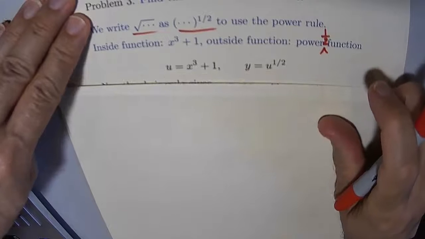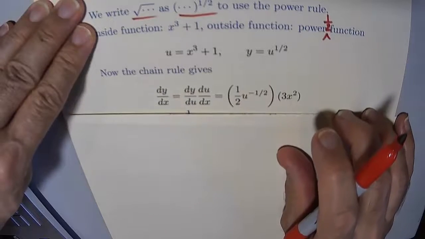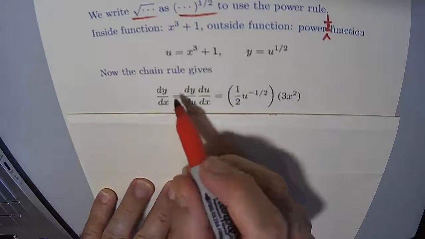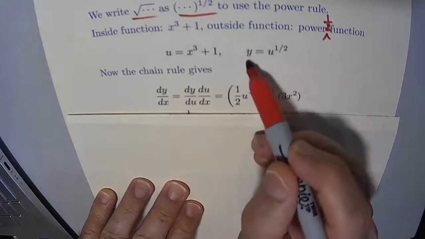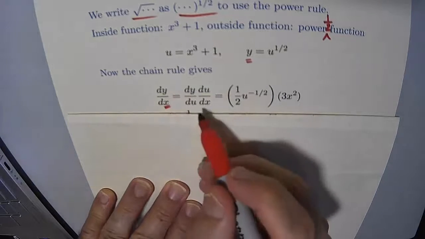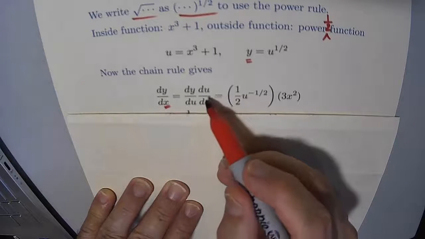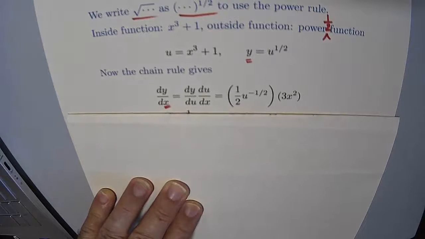And here are the inside and outside in terms of u and y. The chain rule says the derivative of y with respect to x, not with respect to u, is the derivative of y with respect to u, but multiplied by the derivative of u with respect to x.